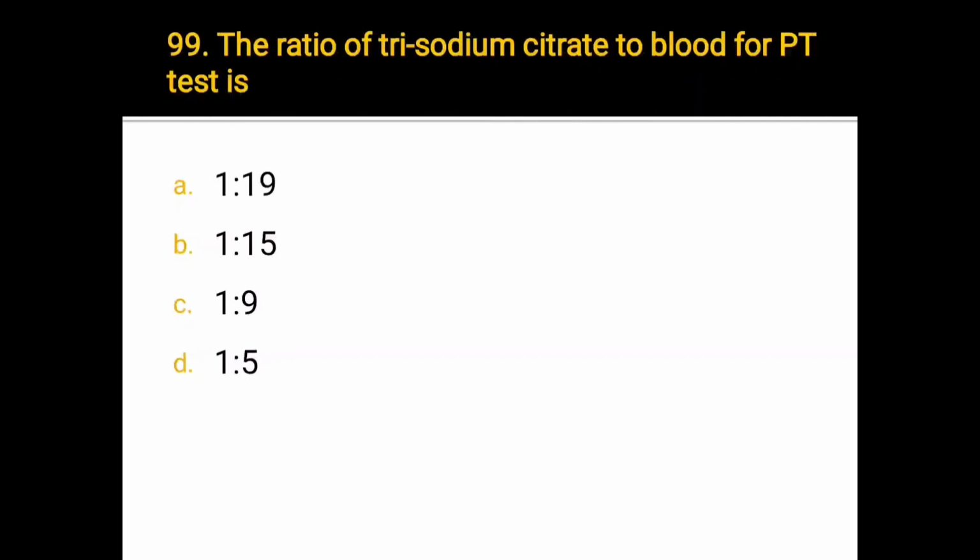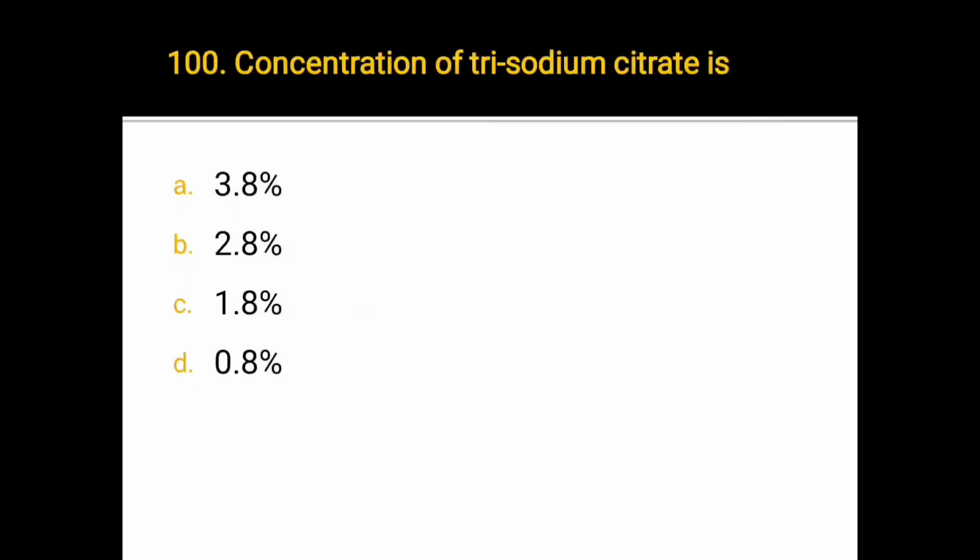Correct answer C. 1:9. Concentration of trisodium citrate is A. 3.8%, B. 2.8%, C. 1.8%, D. 0.8%. Correct answer A. 3.8%.